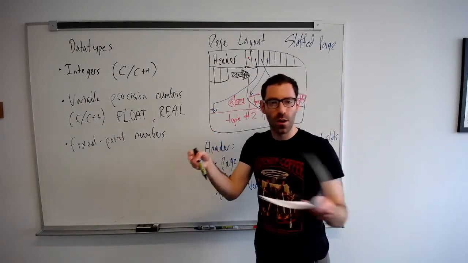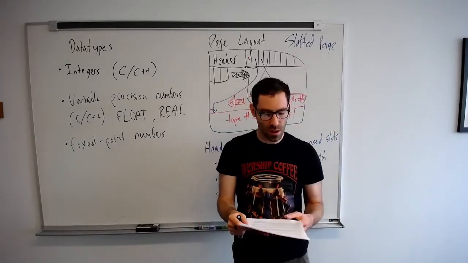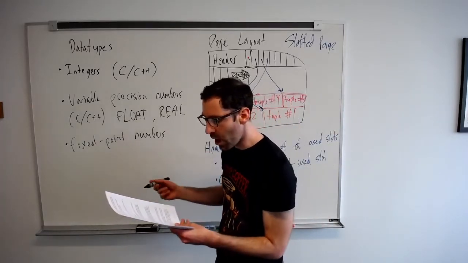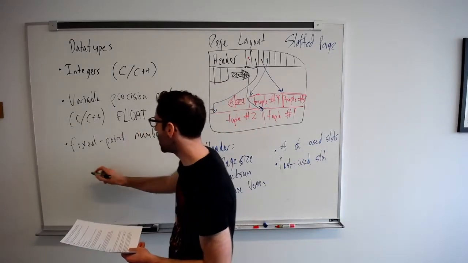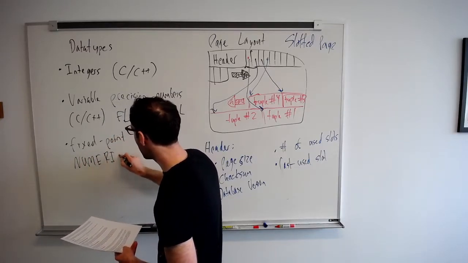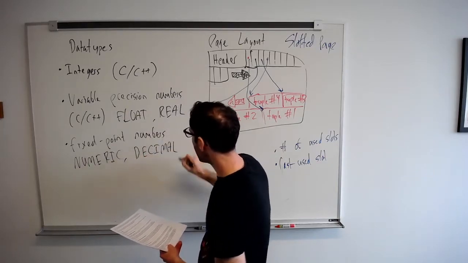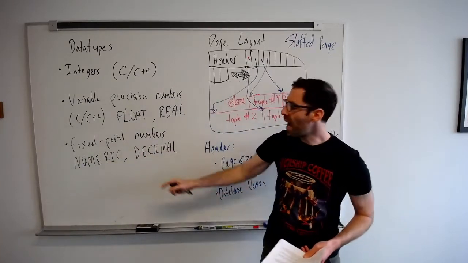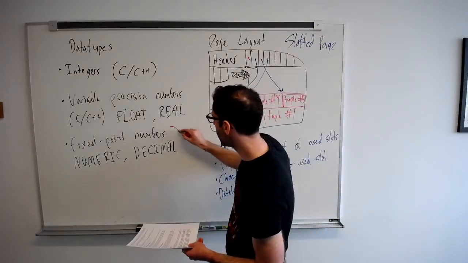They're going to be a variable number of bytes based on the precision that you're going for, and these are going to be things like numeric or decimal in SQL, and these the database system will have to implement itself.